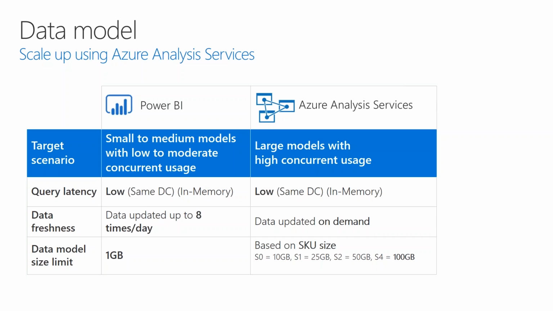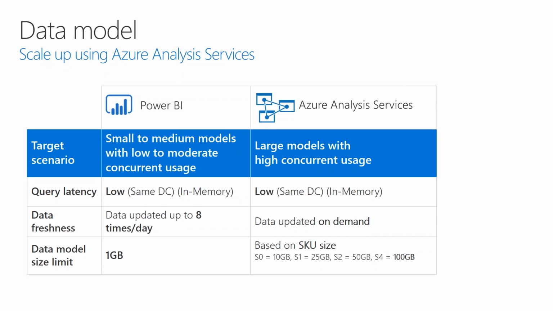So that's really the second major scenario that we see, in addition to, of course, net new workloads of Analysis Services, is taking your Power BI models and turning them into an enterprise-ready Analysis Services model. You get a lot of advantages from doing that. You can keep the data more up to date if you need to. You get much larger model sizes inside of Analysis Services than what you can do in Power BI.